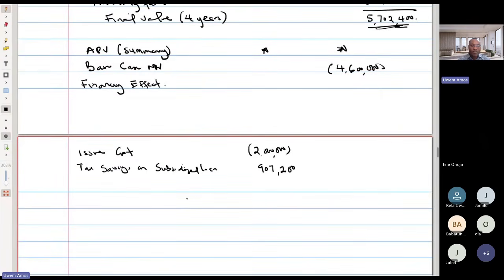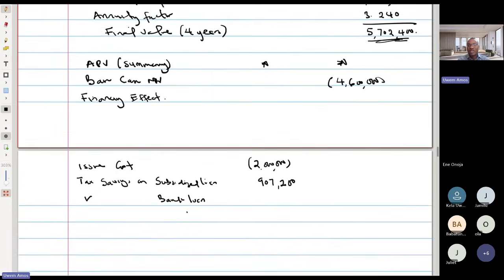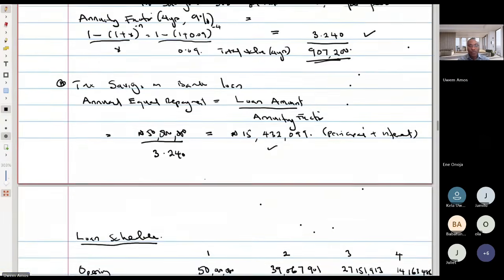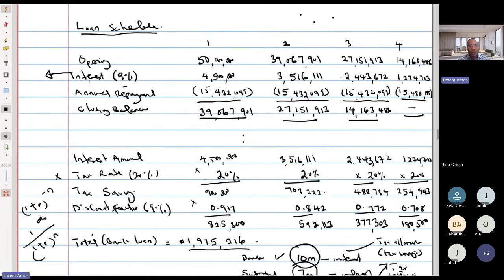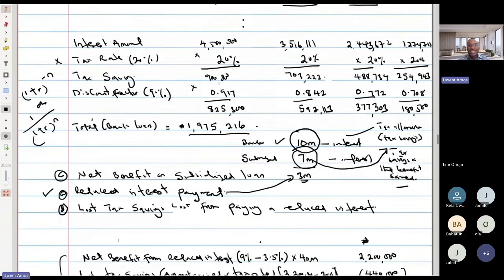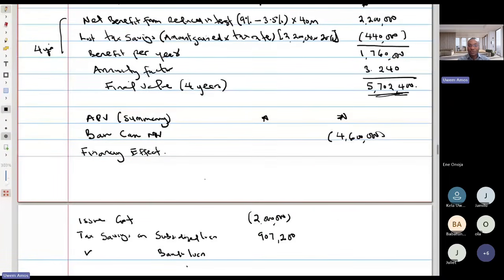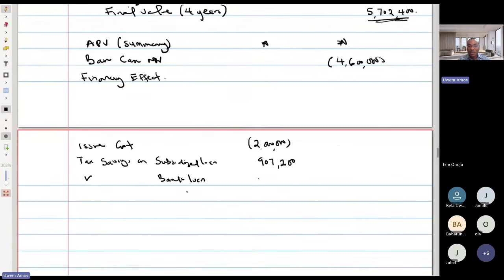The next one is our tax savings on bank loan. What do we have as our tax savings on bank loan? The total is 1,975,216.